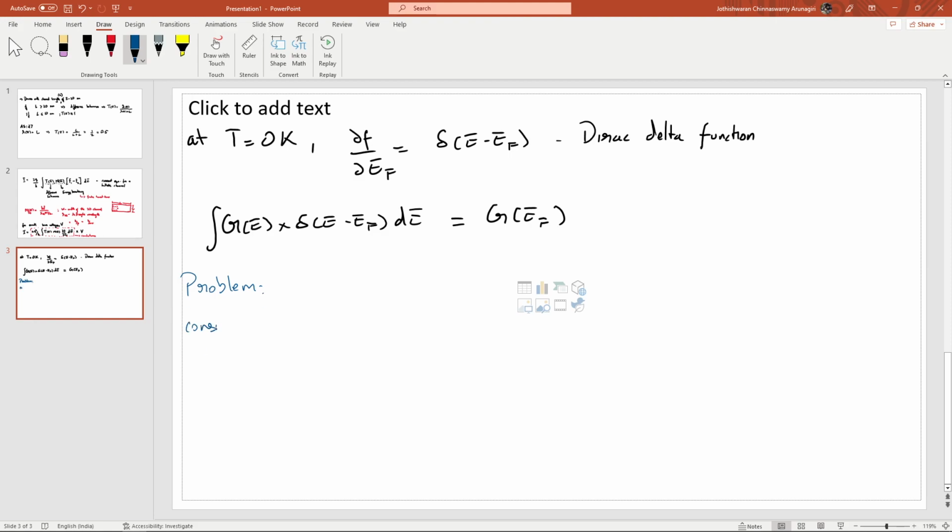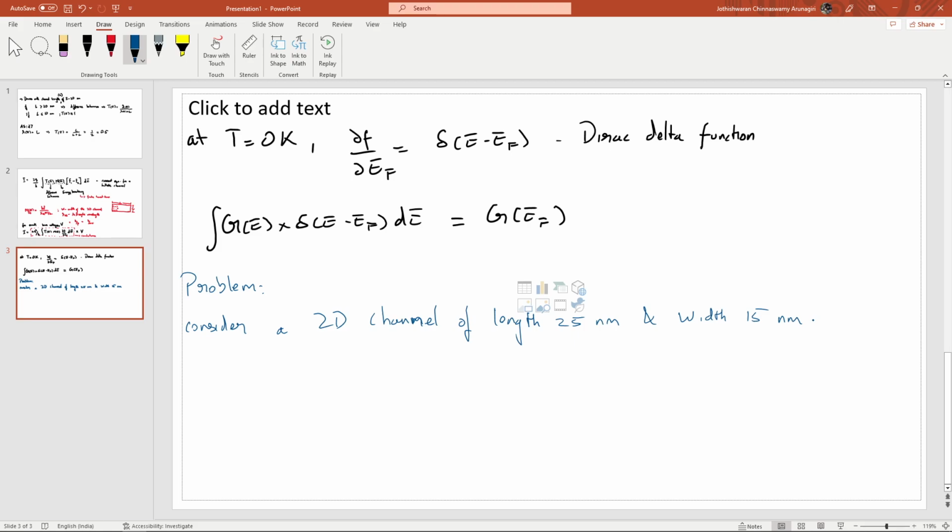Consider a 2D channel of length, say, 25 nanometers and width of 15 nanometers.